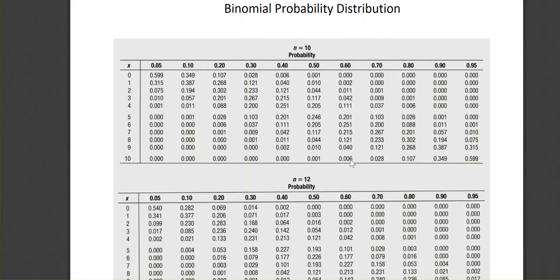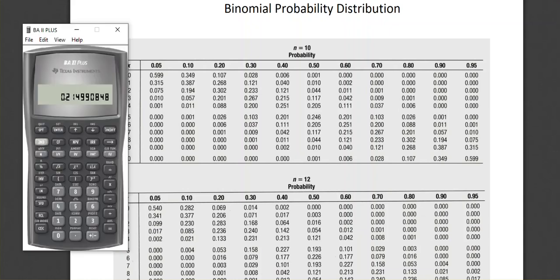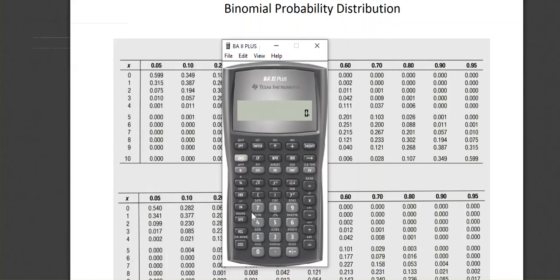So for B, at least 7 means 7 or 8 or 9 or 10. So we take our calculator and we add them all up. So 7 is 0.215 plus 0.121 plus 0.040 plus 0.006.